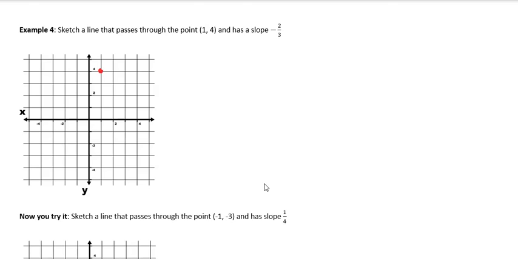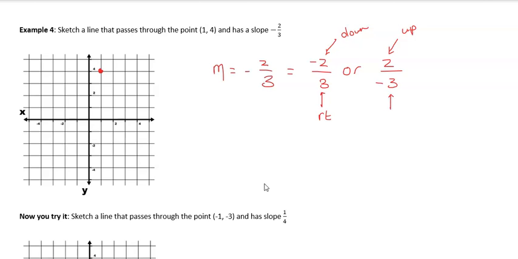That means, and this is the trick to negative slopes, so make sure you understand this, either the rise is negative, which means it goes down instead of up, or the rise is positive and the run is negative. So this means up, this means right, and this means left. Okay, so be really careful with that.